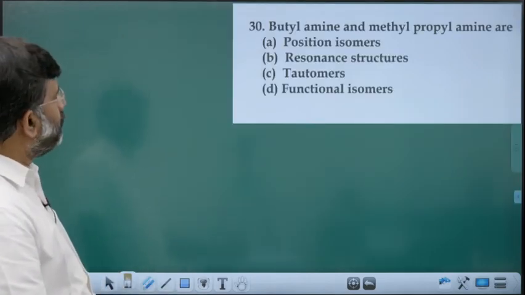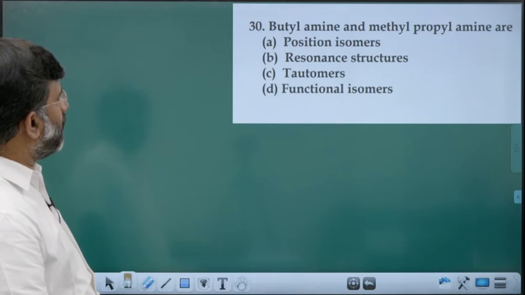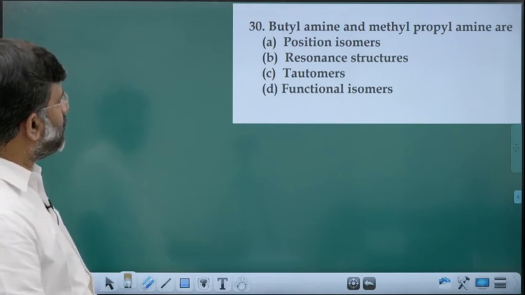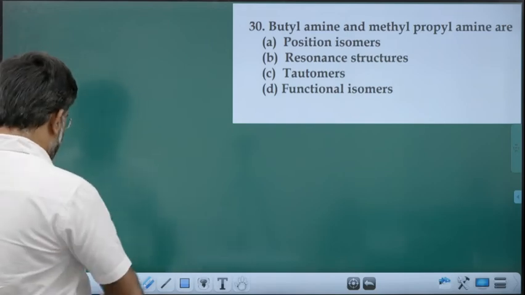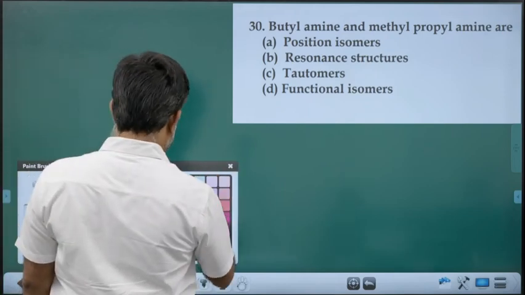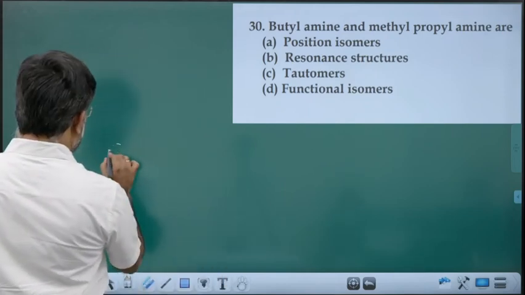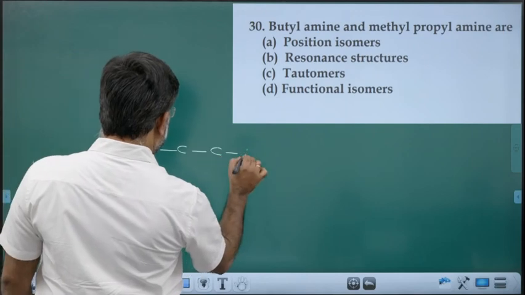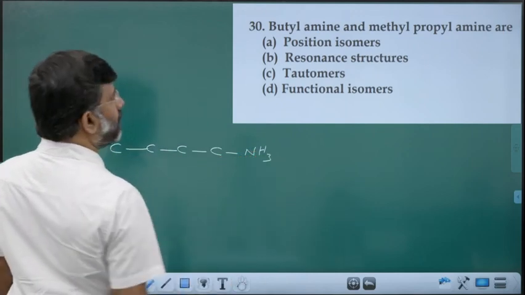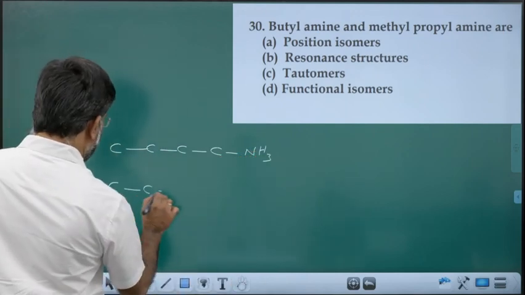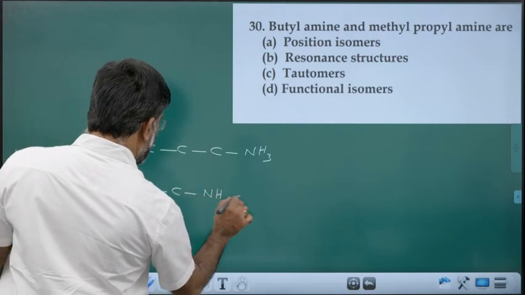Next, butylamine and methyl propylamine are what? See, this is butylamine. This is methyl propylamine.